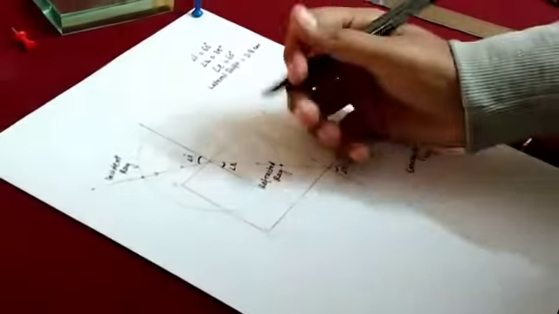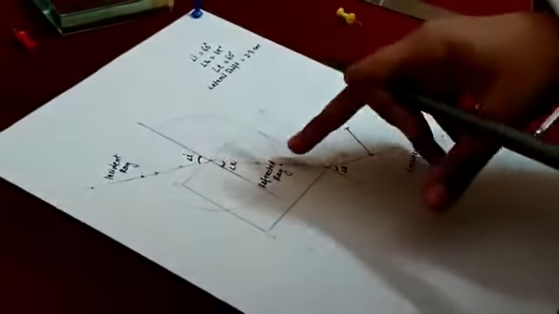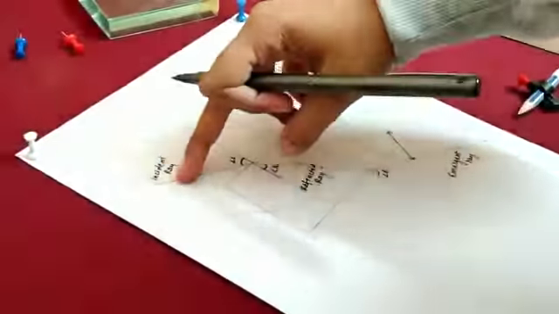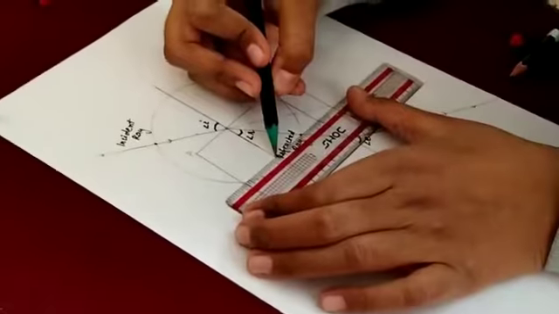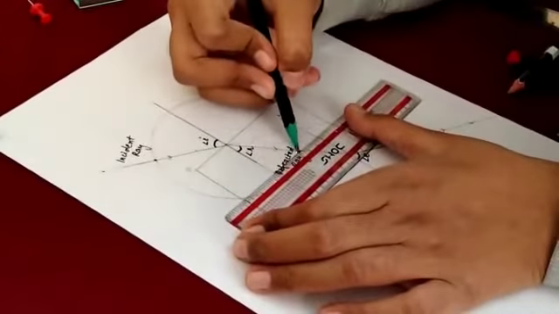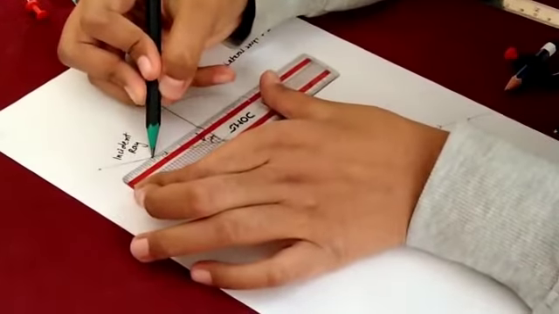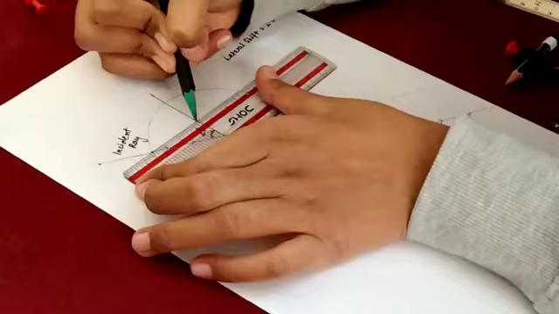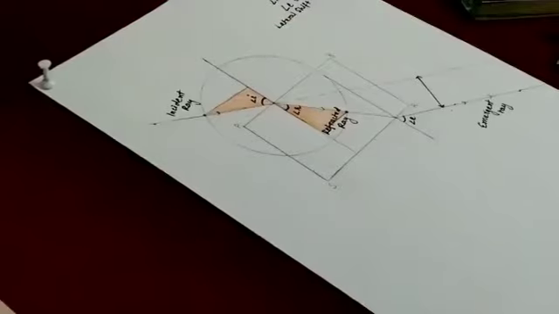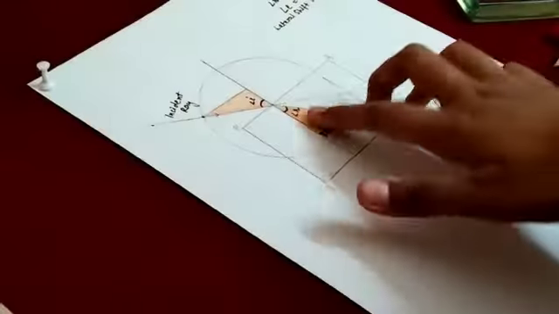And the refracted ray intersects the circle at this point. I'll mark this point. And now I'll draw a perpendicular from these 2 points to the normal. For your convenience, I have colored these 2 triangles with orange.